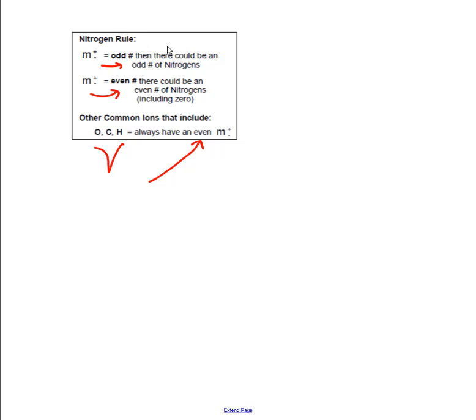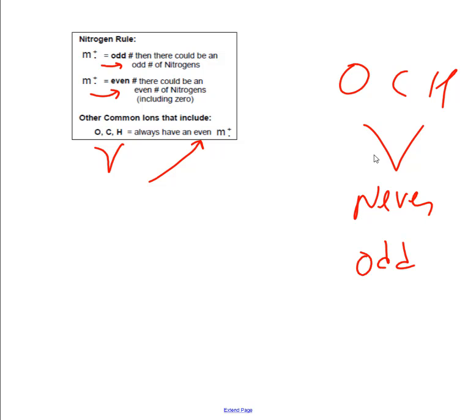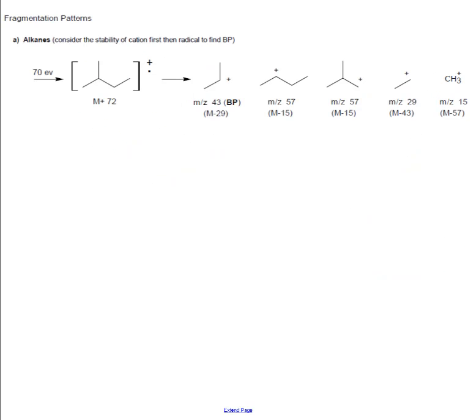So it really is useful when there's an odd number, because that tells you there's a nitrogen in your formula. Okay, so O, C, and H will never give us an odd number. So if you have an odd mass number, then there must be a nitrogen in there. That's basically how this works, but we're probably not going to use this, though I did want to show it to you in case it, God forbid, came up.